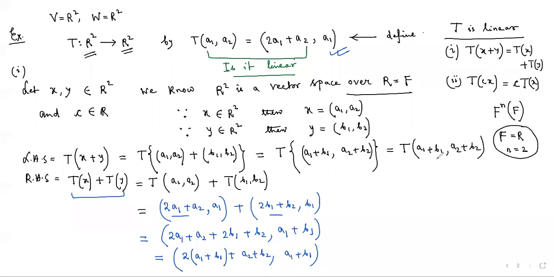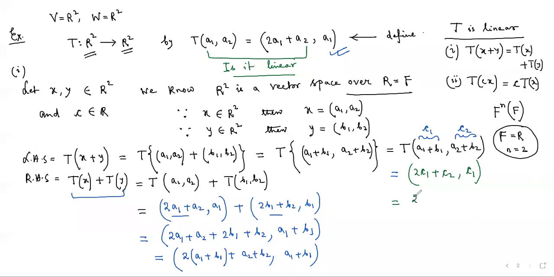What will be the outcome of T of X plus Y? The outcome is similar. If I think this element to be, say, C1, and this element to be C2, we can easily apply this particular rule to this formula. In terms of C1 and C2, this would be 2C1 plus C2 comma C1 by the formula. Now you can resubstitute the form of C1 and C2 over here.